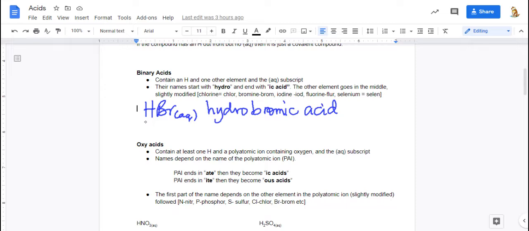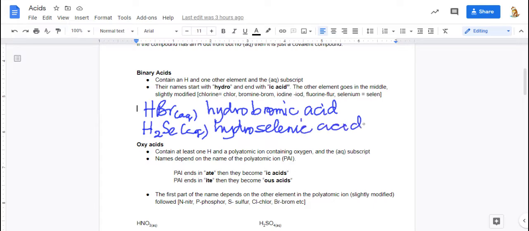And H2Se AQ would be hydroselenic acid. Without the AQ, these are simply covalent molecules.